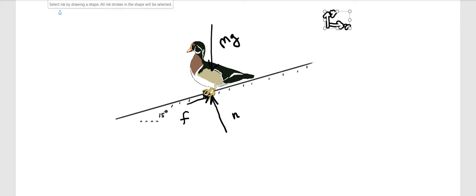What we're going to do is work in a set of coordinates that look like this. Just put a coordinate system over here, x, y. And by doing it this way, the frictional force is parallel to the x-axis. No components needed. The normal is parallel to the y-axis. No components needed. Only the gravitational force needs to be broken into components.